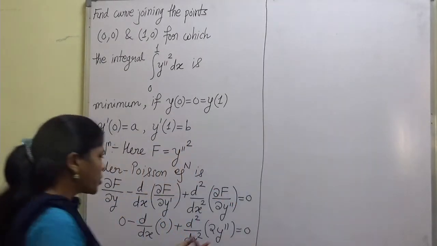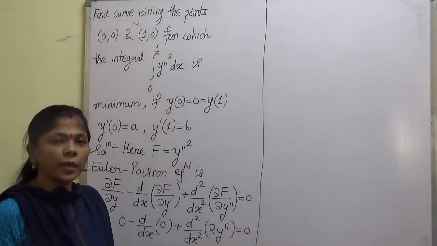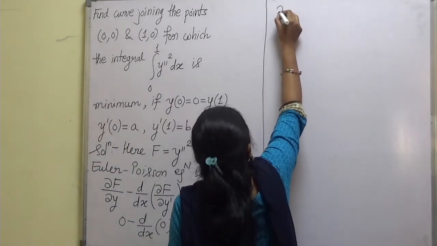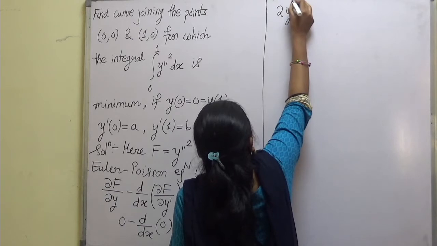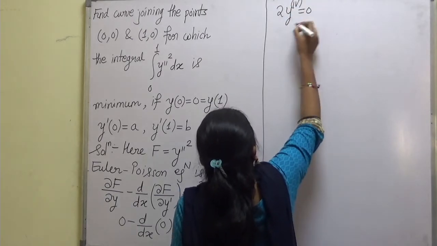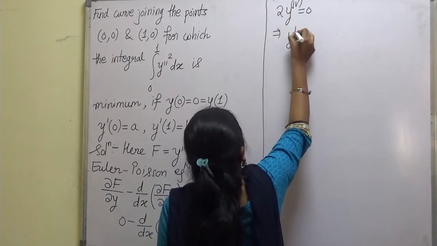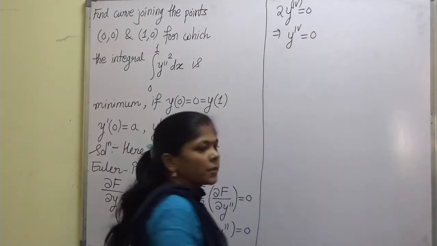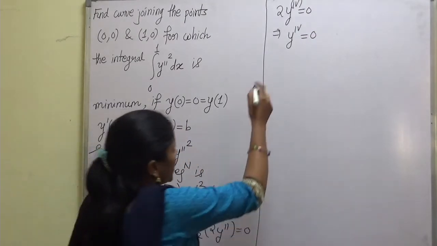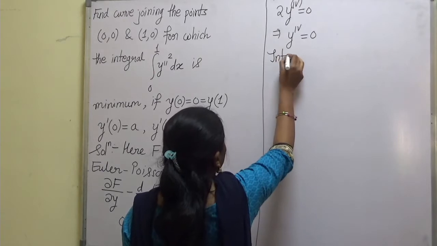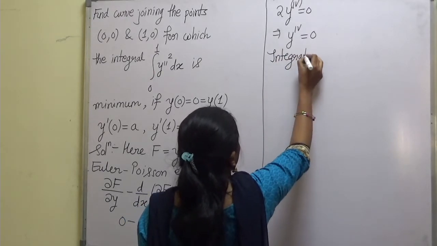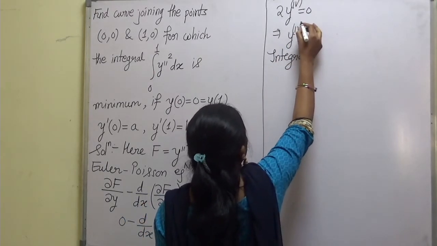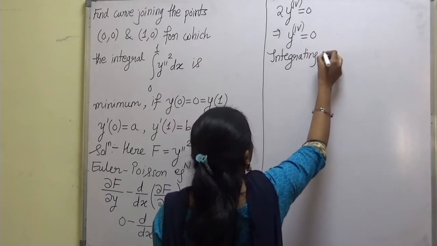Now differentiate this twice with respect to x, and then it will be a fourth order derivative. So we have the fourth order derivative equal to 0. Now integrate this 4 times, as it is involving a fourth order derivative.